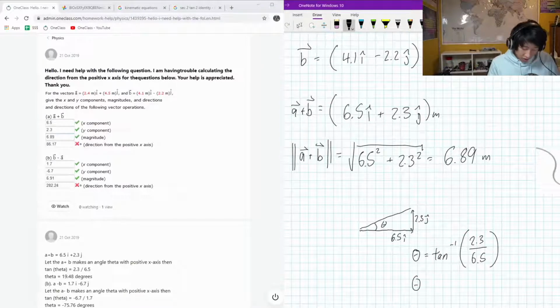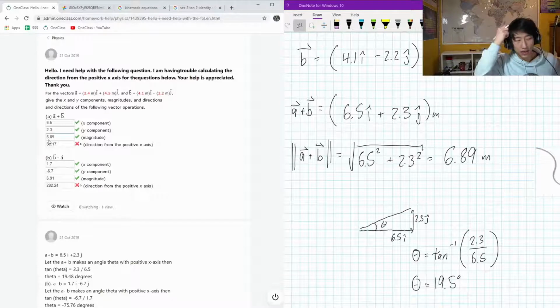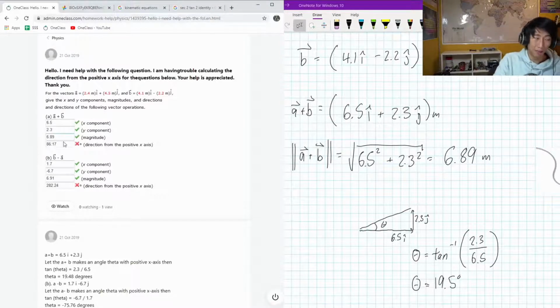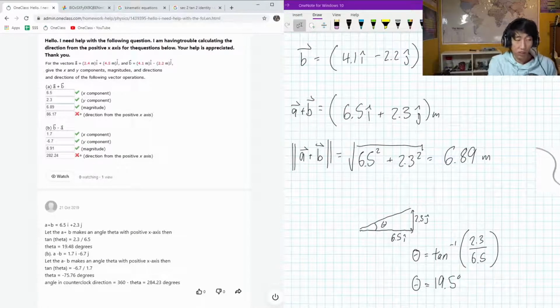This angle is 19 degrees from the positive x-axis. And we got the same answer here. Generally you want to draw this out so you can have a visual idea of what's going on.